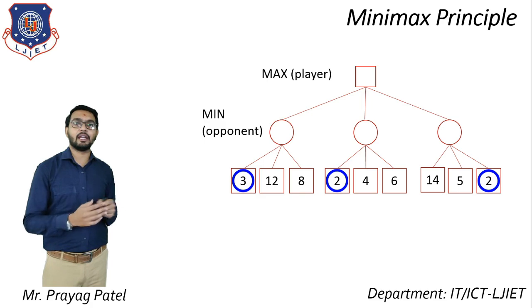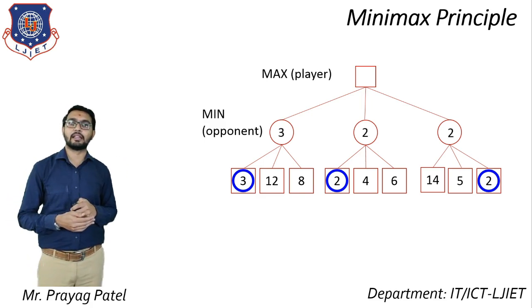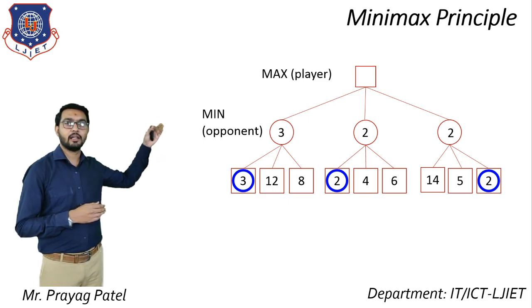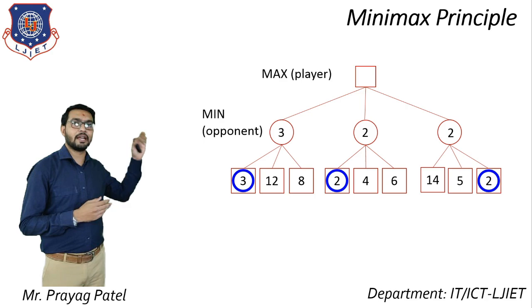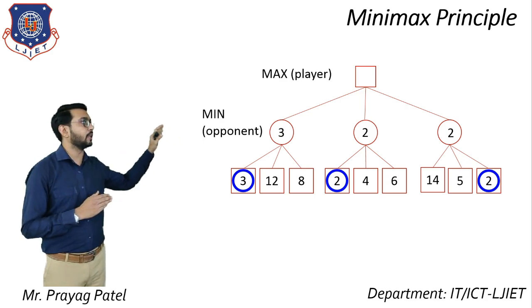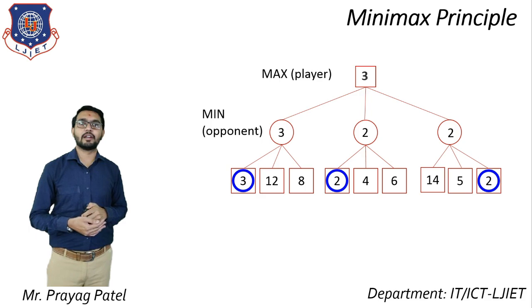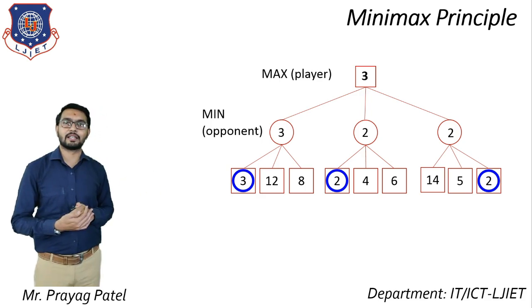So out of these three, the min player values selected are 3, 2 and 2. Now after that comes your turn, as the max player, so select the maximum value out of these three values 3, 2 and 2. So the maximum value is 3. So basically the minimax principle works on this criteria.